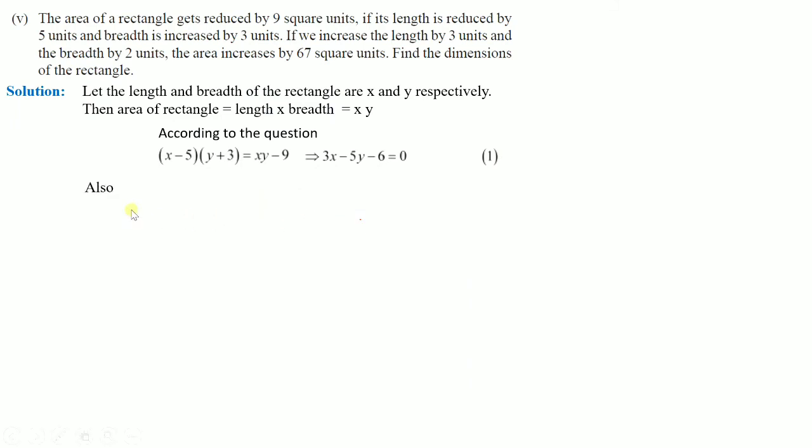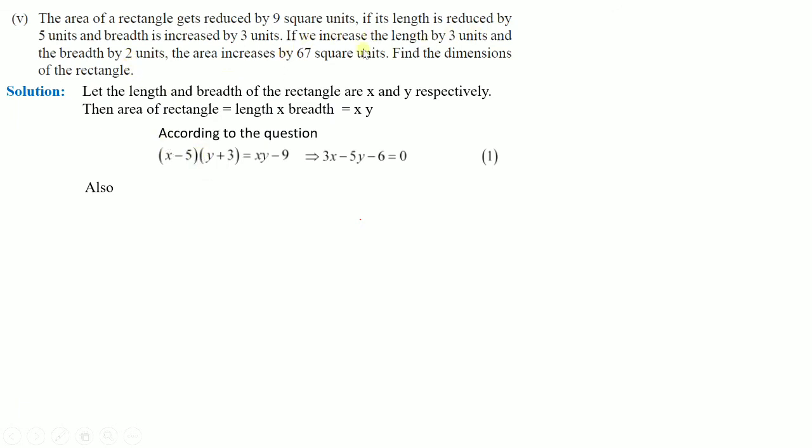Now the next equation: if we increase the length by 3 units, now instead of x minus 5 we will have x plus 3, and the breadth is increased by 2 units, so y plus 2.